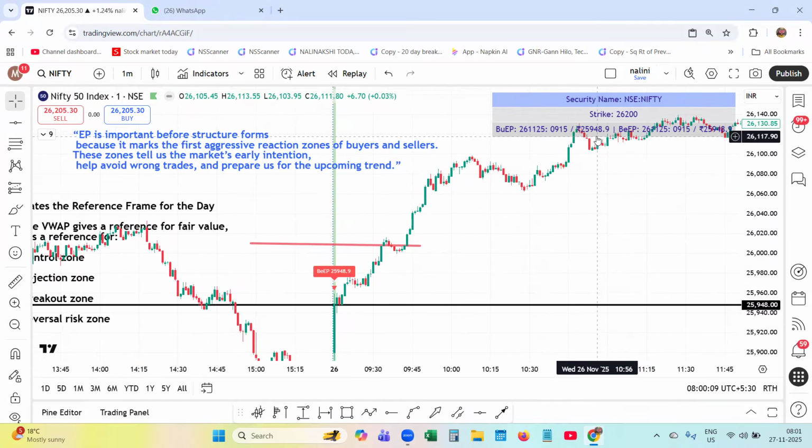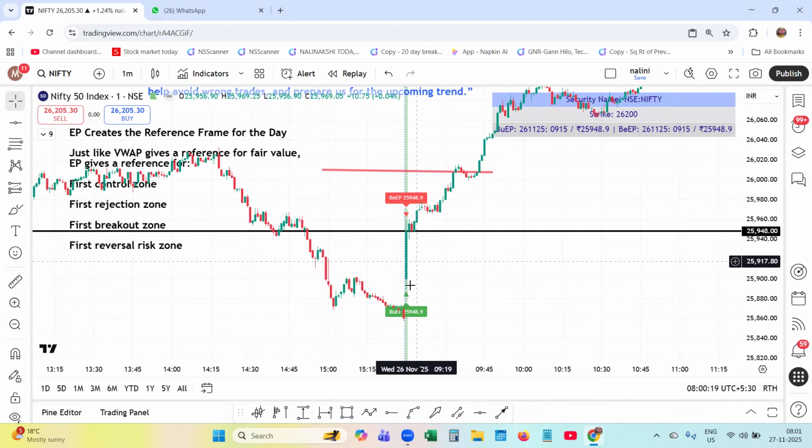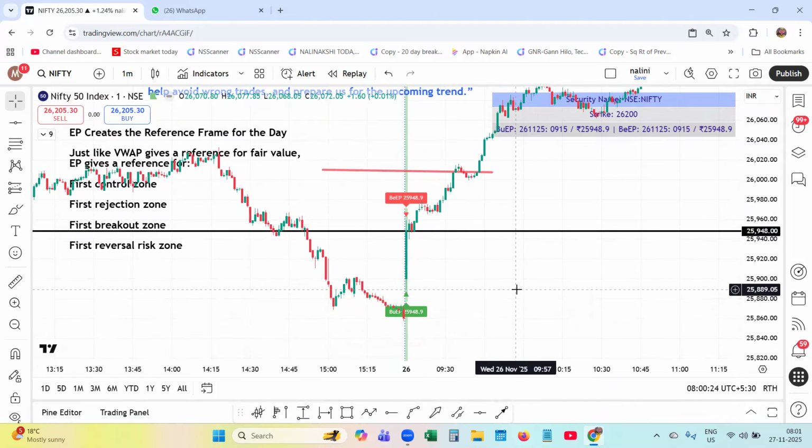Both the EPs were triggered at the same price, 25,948, bearish EP and bullish EP. You can see it marked over here. Why are both the EPs triggered? That is the question of many traders.